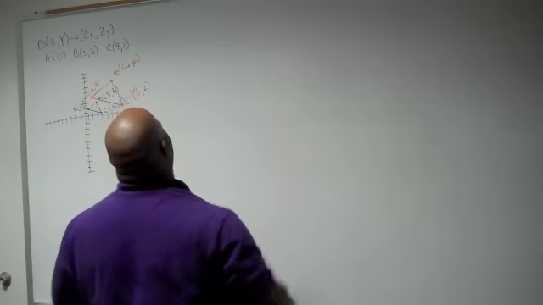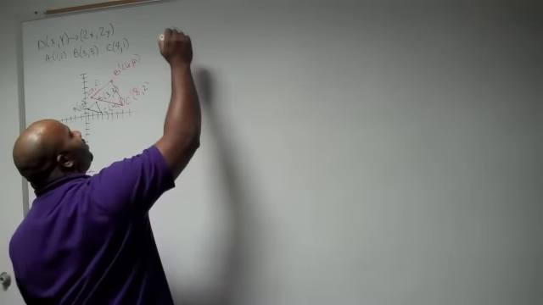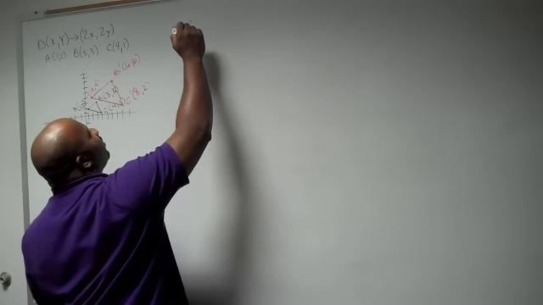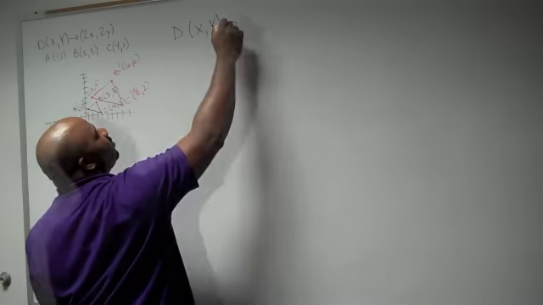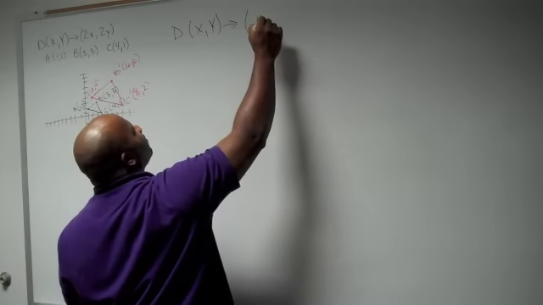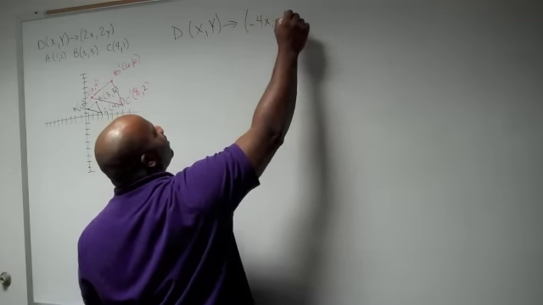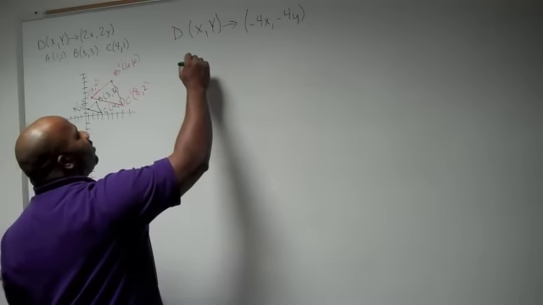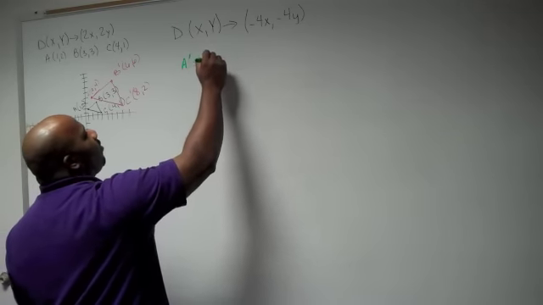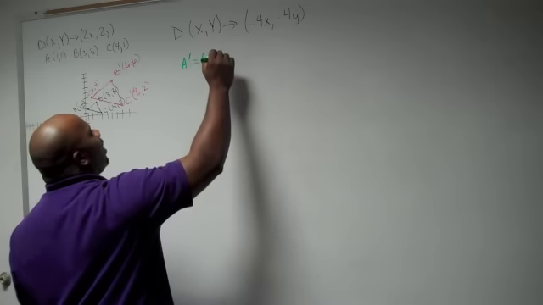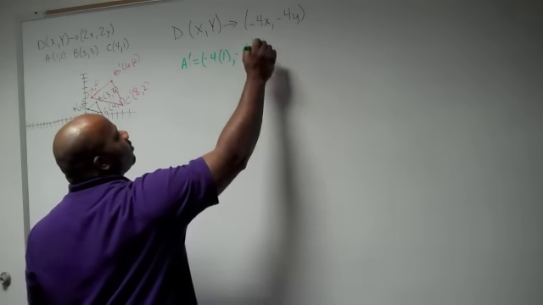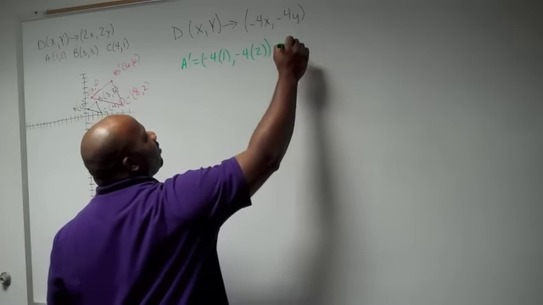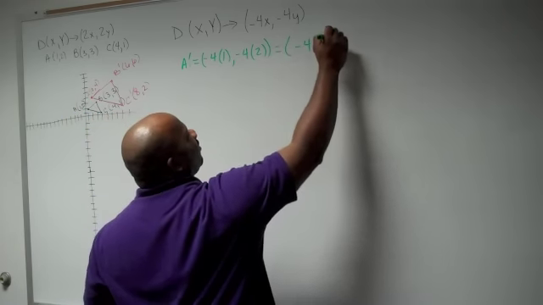My dilation this time is D of xy goes to negative 4x, negative 4y. A prime is equal to negative 4 times 1, negative 4 times 2, which is equal to negative 4, negative 8.